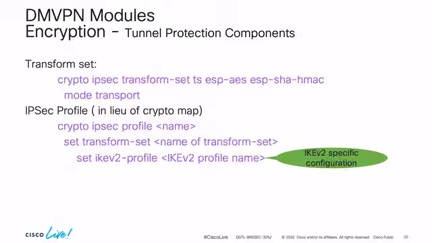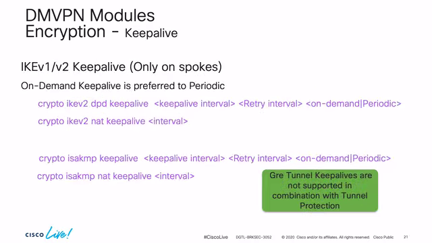The next part of the configuration with respect to the encryption module is the keepalives. It's very important that the IKEv1 or IKEv2 keepalives be configured only on the spokes. We have two different kinds of IKE keepalives: one is on demand and the second is periodic.